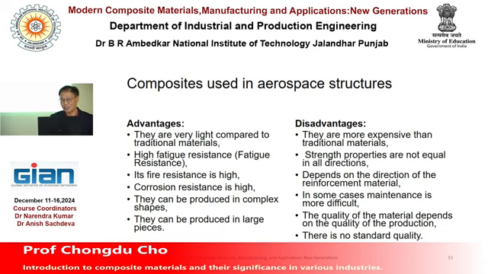Okay? The disadvantages are that it is very expensive, and the strength property is not equal in all directions. So the reinforcement material direction affects the performance, and maintenance is very difficult, and material quality depends on production, and there is no standard quality.